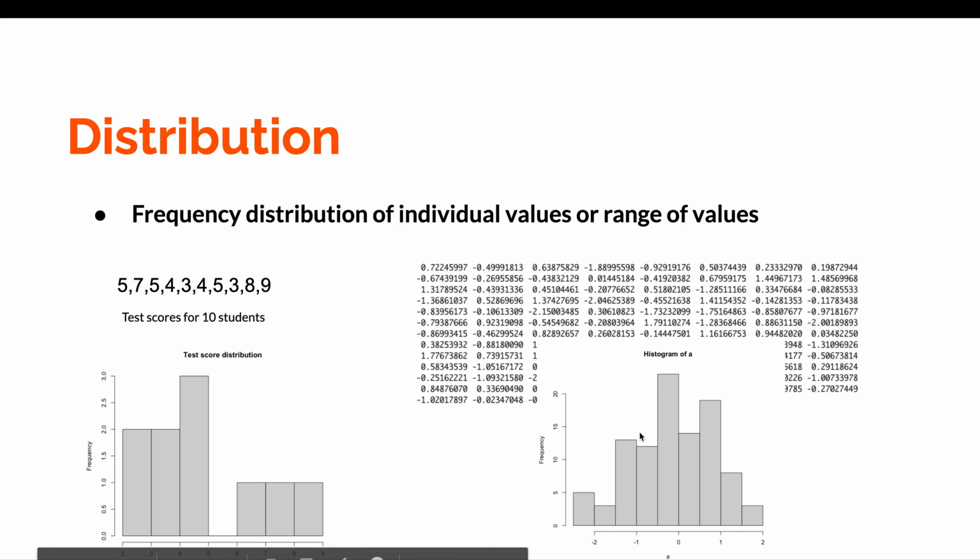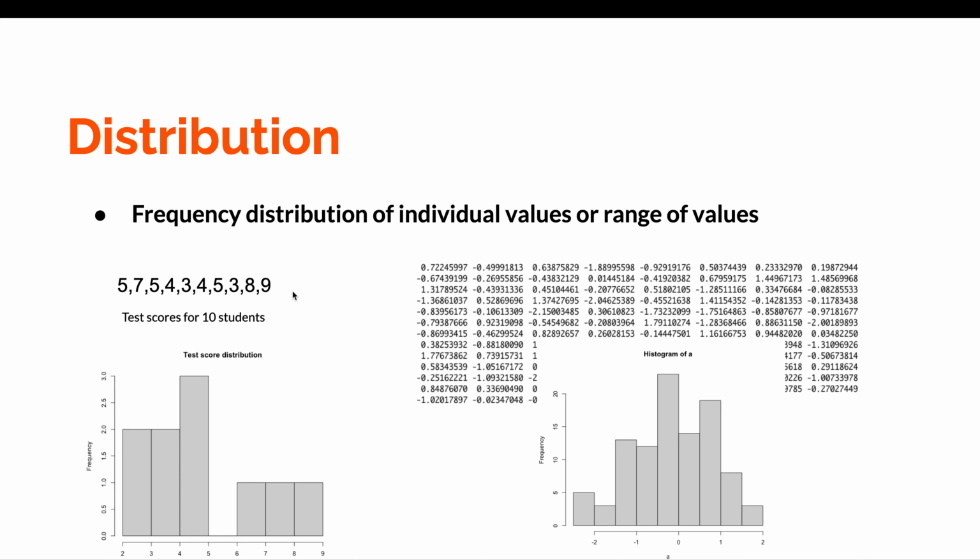This is the other approach. So distribution is simply the frequency distribution of individual values or ranges of values, and it helps us understand the data: what kind of values are there, and what is the frequency of those values.